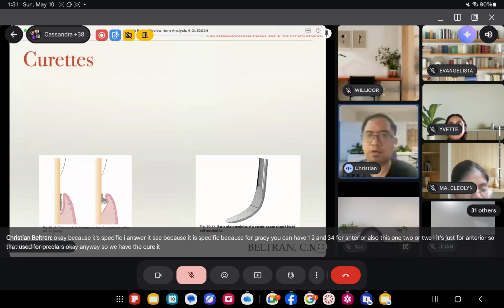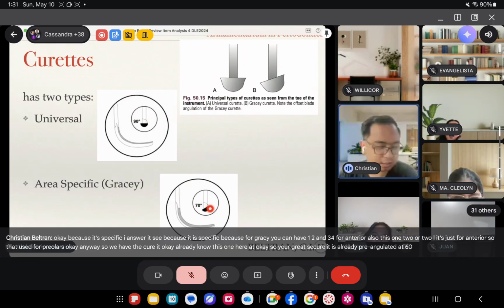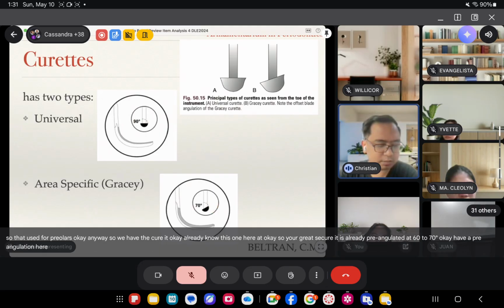So we have the curette. Okay? You already know this one, curette. Okay? So your Gracie curette is already pre-angulated at 60 to 70 degrees.